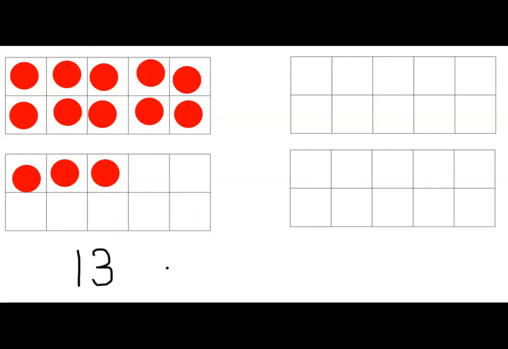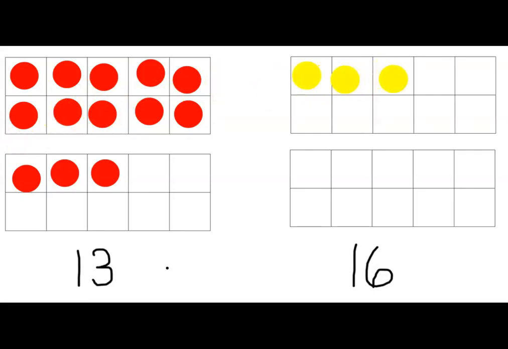Okay, now we are going to build another number. Can you guess which number I'm going to write? Number 16. Very good. Now, how many are we going to have in the first 10 frame?